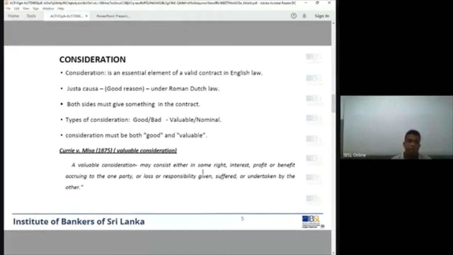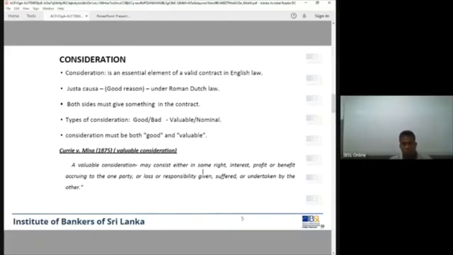It means both sides, or all the parties of the contract, must give something to the contract. In other words, all the parties must contribute to the contract. That is what is meant by consideration.